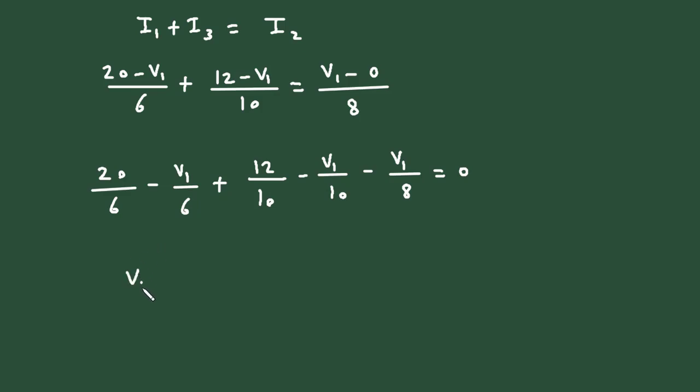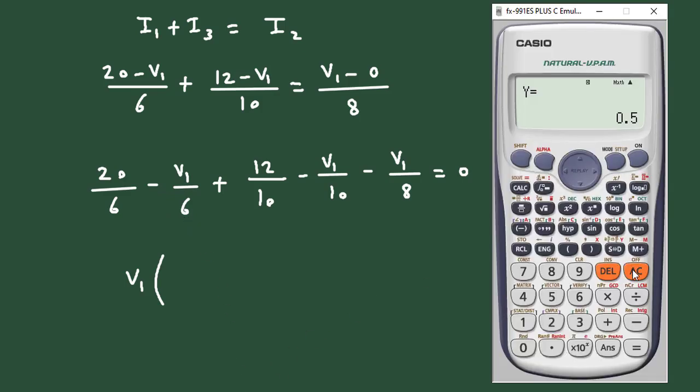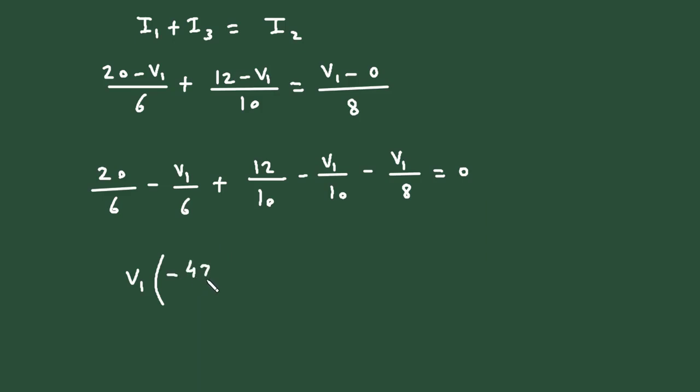So let's take V1 common from here. It will be minus 1 by 6, then minus 1 by 10, then minus 1 by 8. So we can write this as minus 47 by 120.